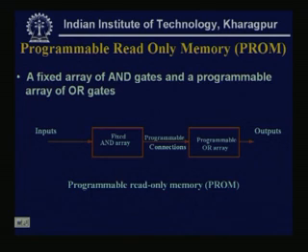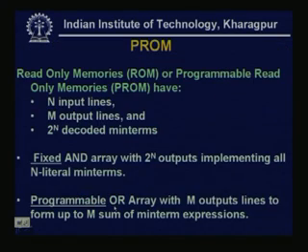Inputs are coming, these inputs are n bit, and this is the programmable OR array. So, a fixed AND array with 2 to the power n inputs implementing all n literal minterms, and a programmable OR array with m output lines to form up to m sum of minterm expressions.